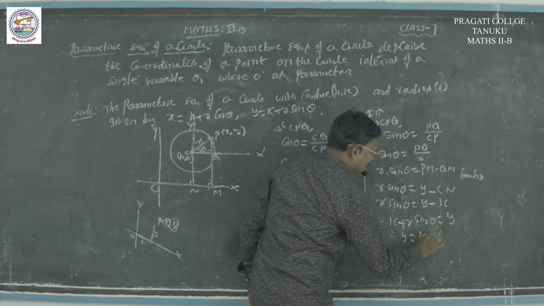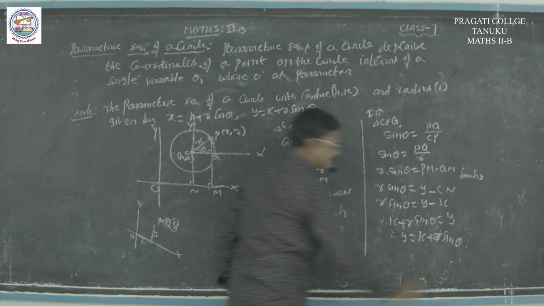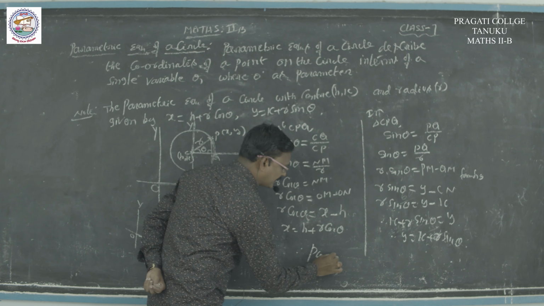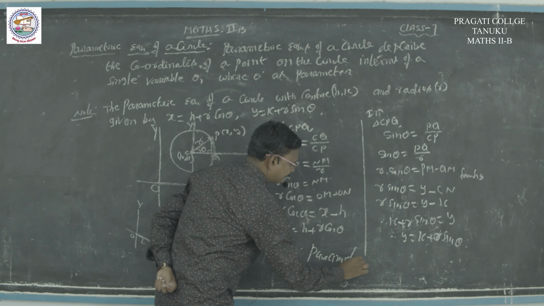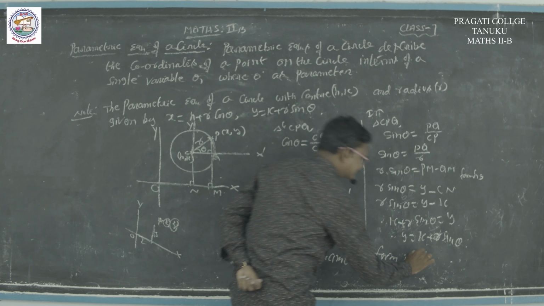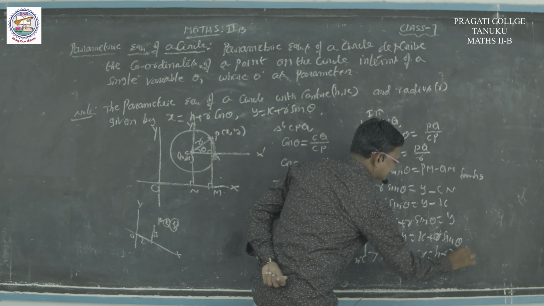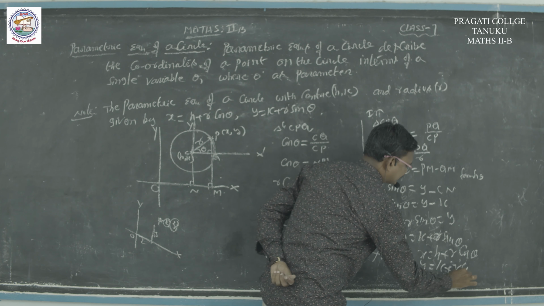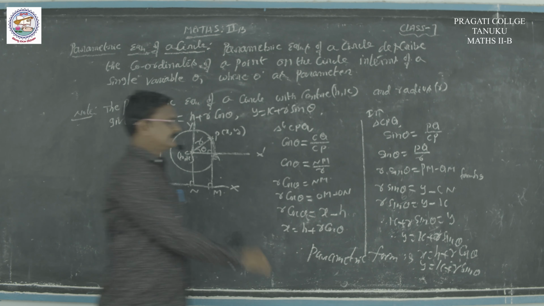Therefore y is equal to k plus r sin theta. Therefore finally the parametric form is x is equal to h plus r cos theta, y is equal to k plus r sin theta.